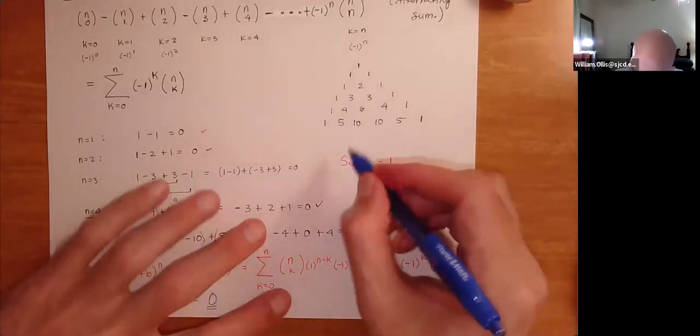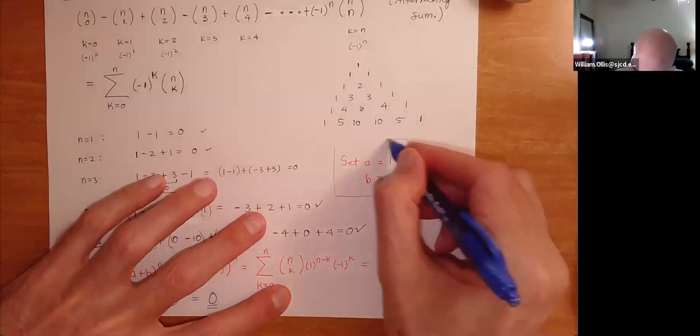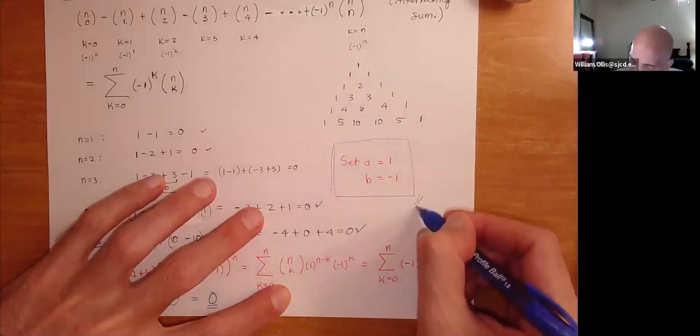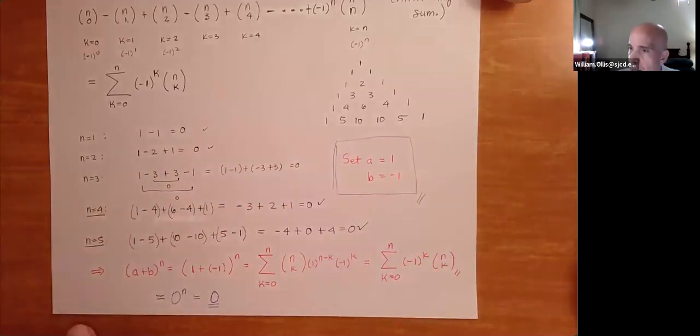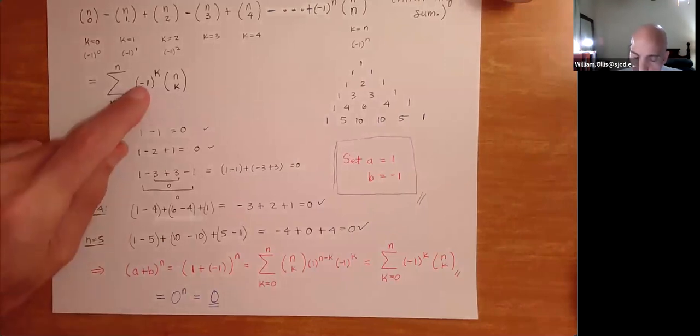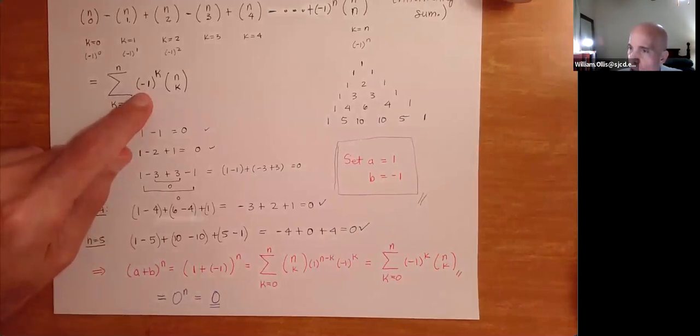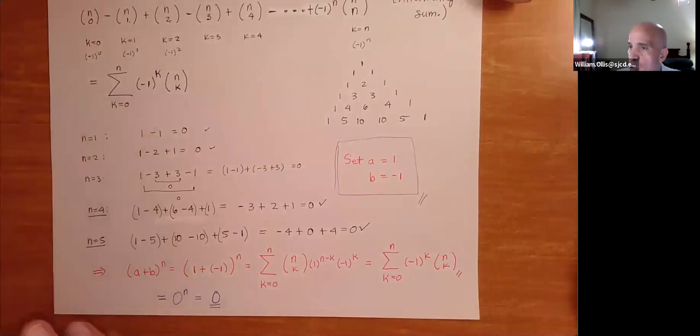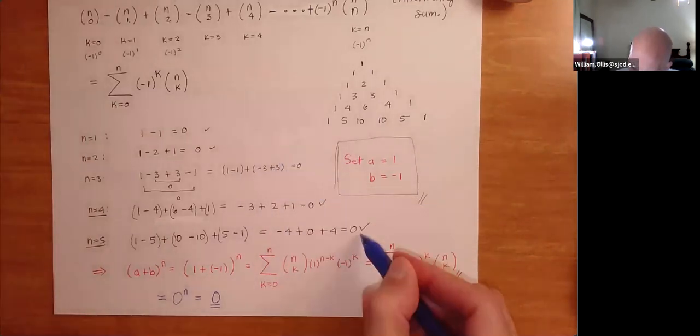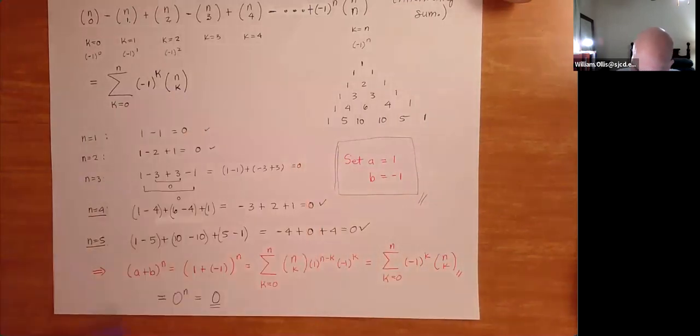Well, we make an assignment that seems to support that. Let's take an A and a B that will hopefully give us this alternating sign mechanism, but of course, two numbers whose sum is 0. And then we support not only this, but this. And we see the binomial theorem gives us the exact proof that we're looking for.